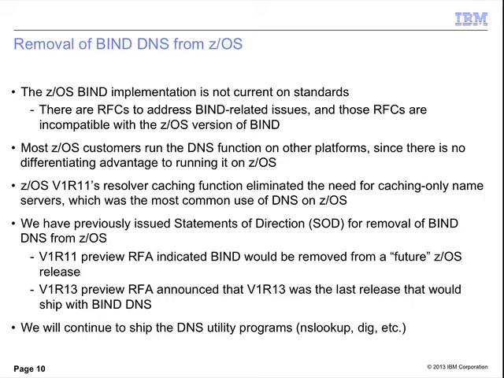The issue with it is that most of our customers do not run DNS on z/OS, and our particular implementation had gotten very far behind standards, and we were looking at a very substantial investment to bring it up to currency, and it did not seem, given the usage that we have for that function on the platform, to be a good business investment. So we have decided to remove it, and indeed it is no longer in V2R1.